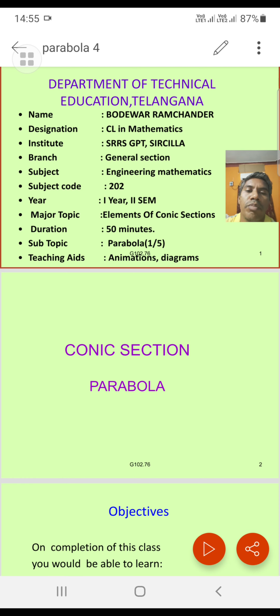Condition means SP by PM equals 1, or eccentricity is 1. So this is the condition.